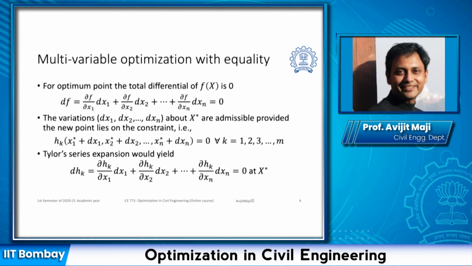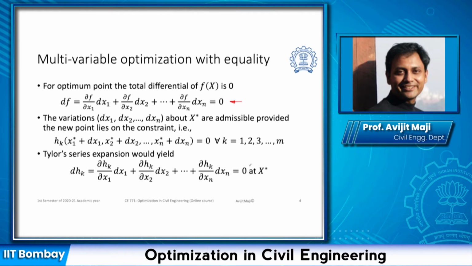As we had indicated in the previous lecture on the constraint variation method, for the optimum point the total differential of the objective function should be 0, and mathematically it can be represented as this equation, which is equal to 0.